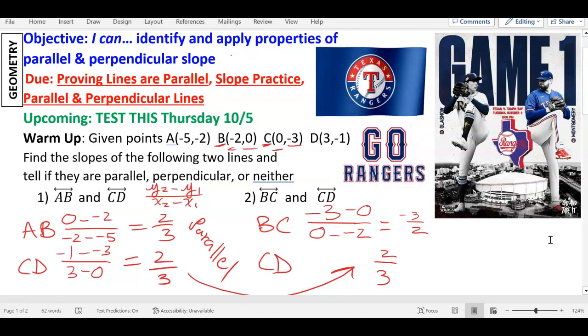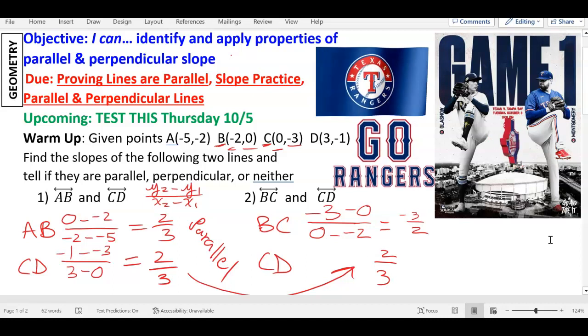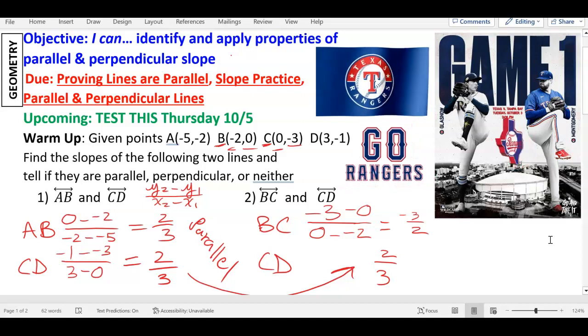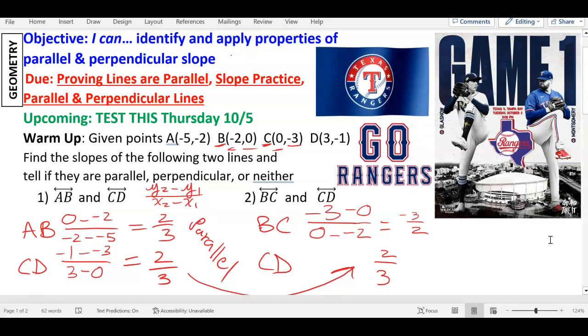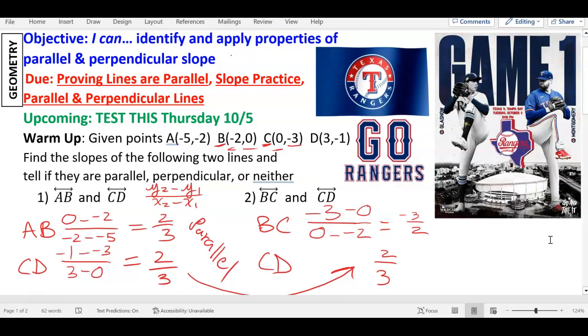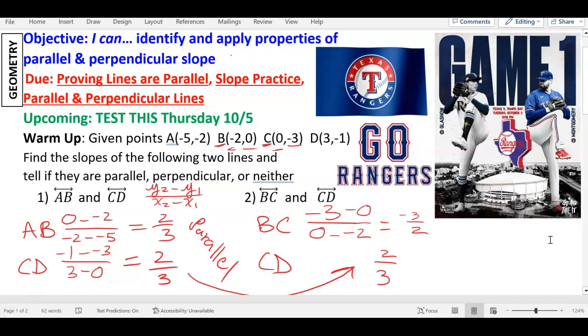Now for perpendicular, what are the two things that have to happen? Perpendicular changes what about them? What? The sign. So did the positive, negative sign change? The first one is negative, the second one's positive. Yeah, that's good. That's not it. What else has to happen to the fraction? It has to flip. 3 over 2, 2 over 3. Did it flip?